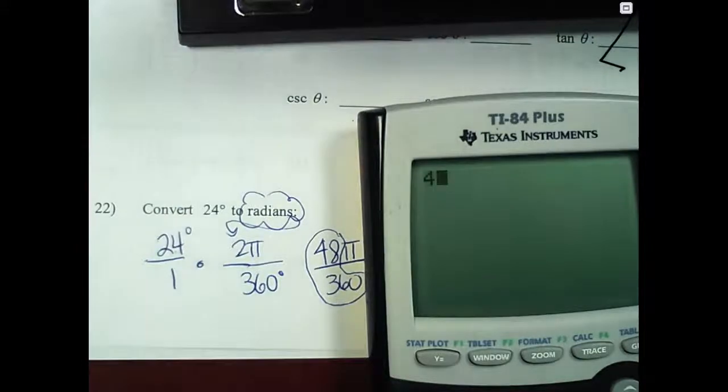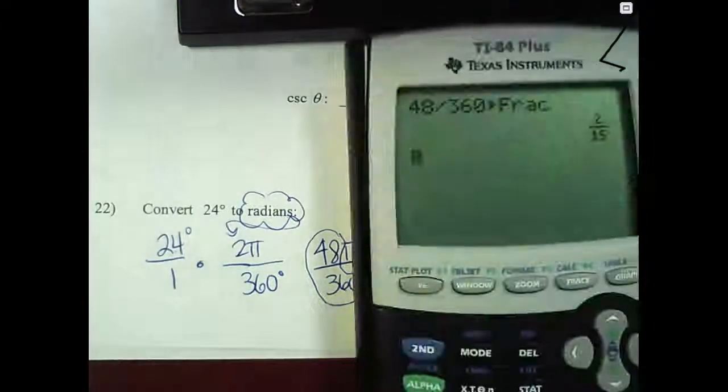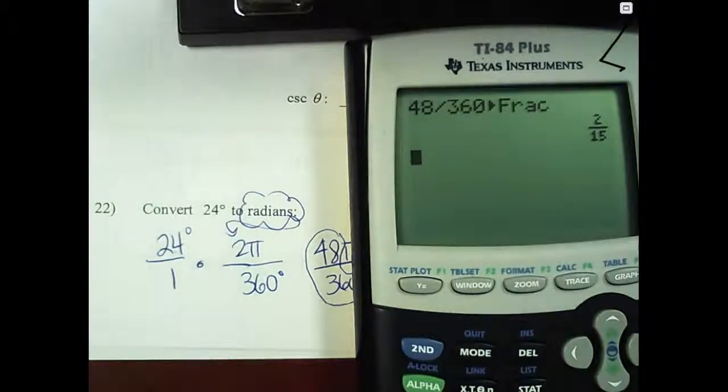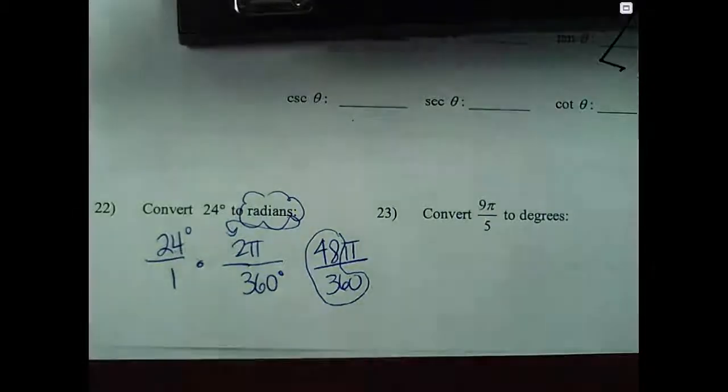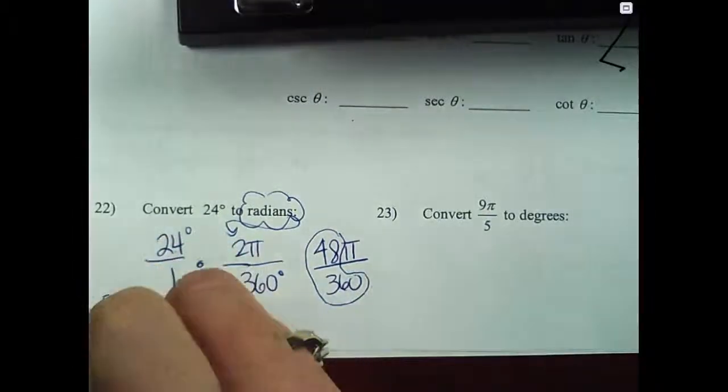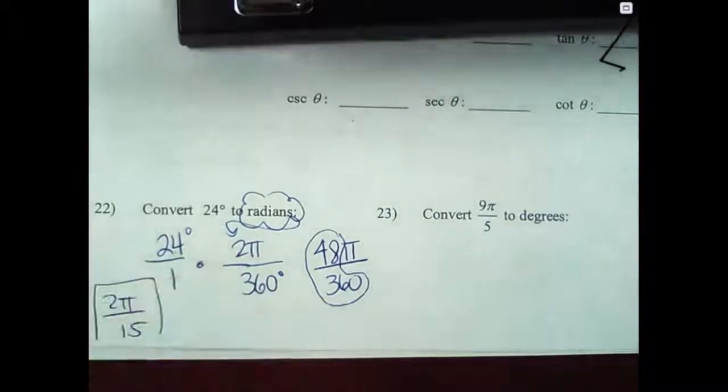You're going to take 48 divided by 360, and to reduce it, we hit math, enter. So the answer is 2/15. So 2 pi out of 15. In other words, 24 degrees is the same as 2 pi out of 15 radians.